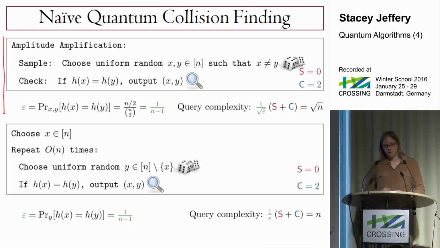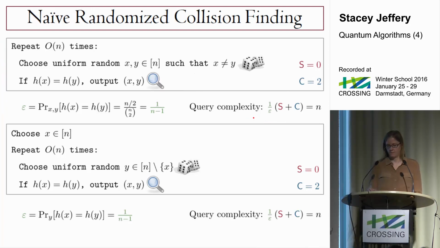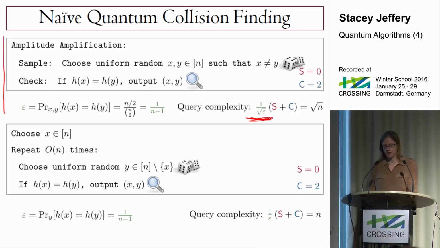And then we need to also check if x, y is a collision, which we can still do in 2 queries. Now we just have a different formula for the complexity, because now there's a square root over the epsilon, whereas in the previous slide we had 1 over epsilon. Essentially you don't have to design a new algorithm. Because of the existence of this classical algorithm, there exists a quantum algorithm with almost the same complexity except with the square root.